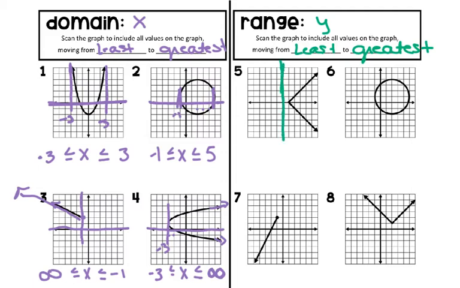So notice if we were to extend these lines, they would keep going up and down vertically. So that would be the infinity symbol. So x, or not x, because we are in the range, y, so this is where it changes, would be between negative infinity and infinity, because they're not going to stop.